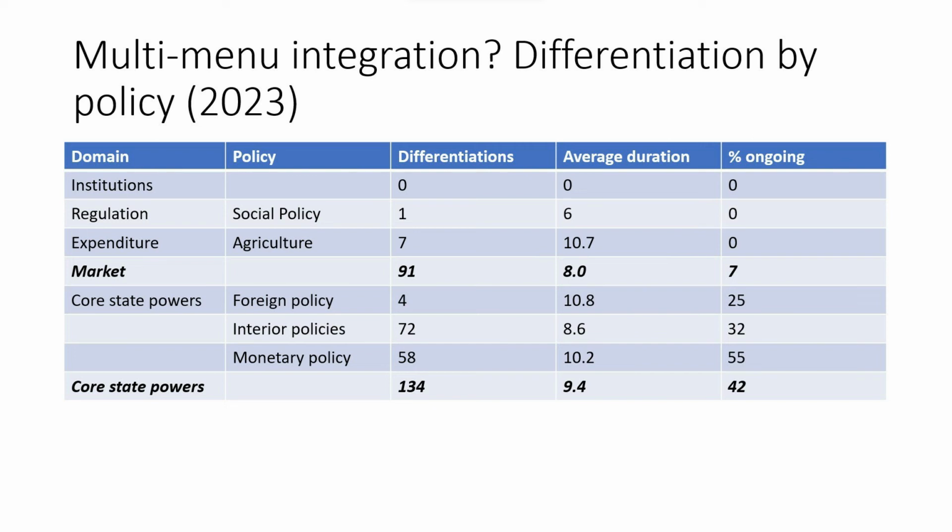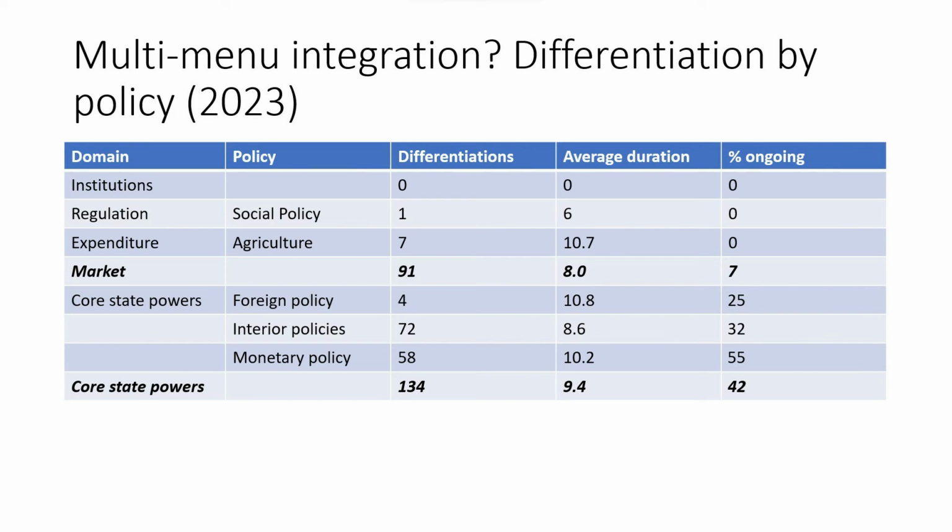Interestingly, the average duration doesn't vary so much, at least much less than we thought it would. 8 years for the market, 9.4 years for core state powers. But when you look at the permanence of differentiation, the distinction becomes quite striking. Only 7% of the differentiations that have ever been negotiated regarding market rules are still in place. So 93% are gone.